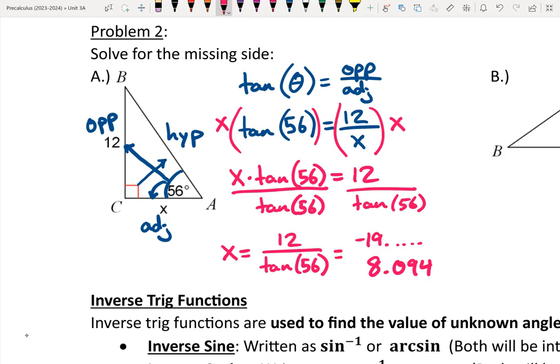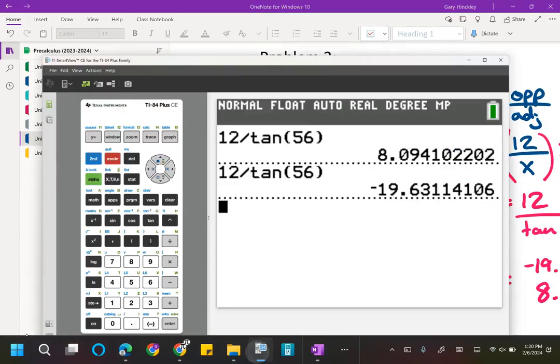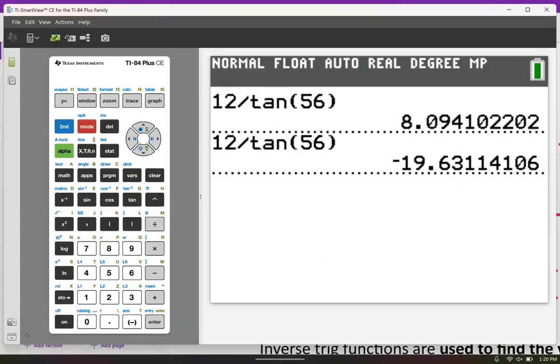But why is your calculator giving you the other one? It's because you're in the wrong mode. So we have to pay attention to that. See, even mine, look at that, it gives both. You have to be in the correct mode, regardless of what calculator you have, whether it's one of these or your phone, anything like that.